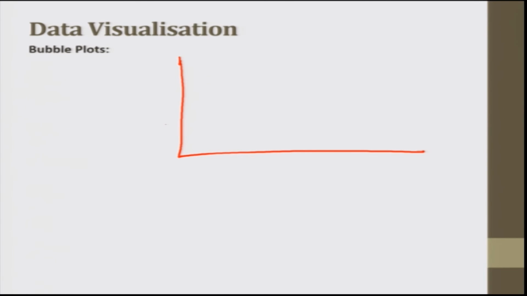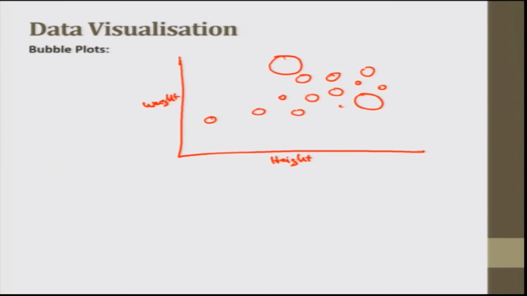For instance, I am talking about the weight and height of maybe workers, and in place of the dots in scatter plots, I am putting bubbles, where the size of the bubble represents maybe the age of the person.